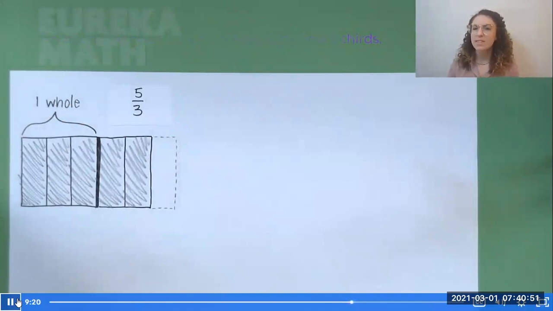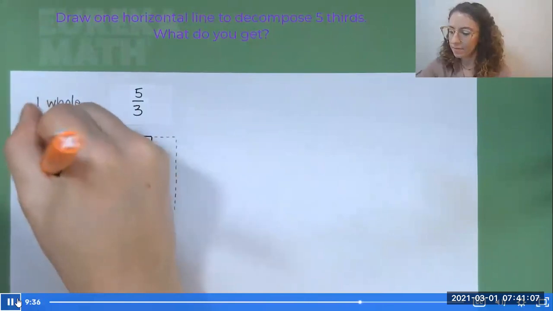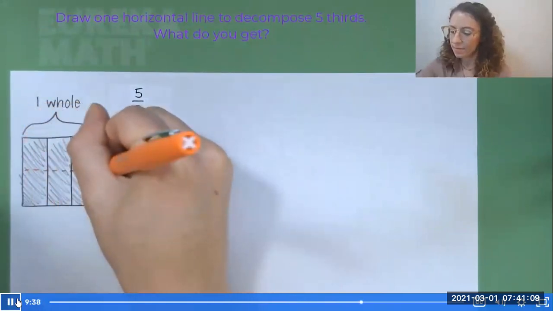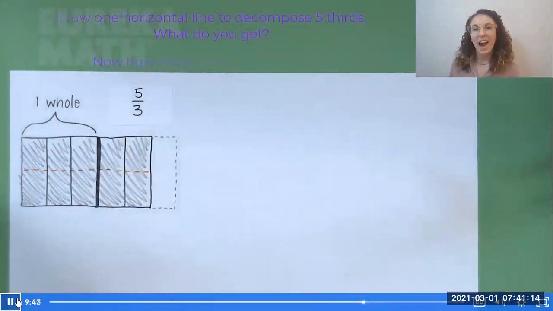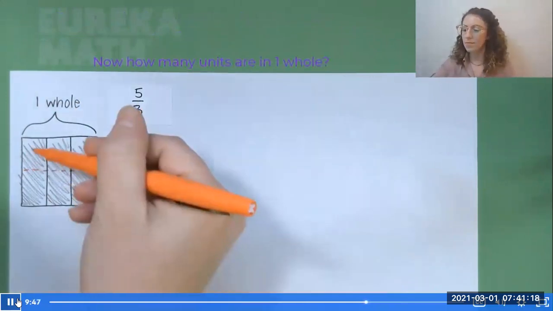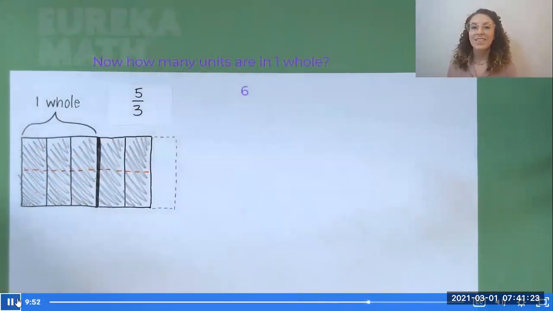These are big pieces of brownie, so I want to make smaller pieces. I want to split everything I have left in half. Draw one horizontal line to decompose 5/3. What do you get? Now how many units are in one whole? 6.